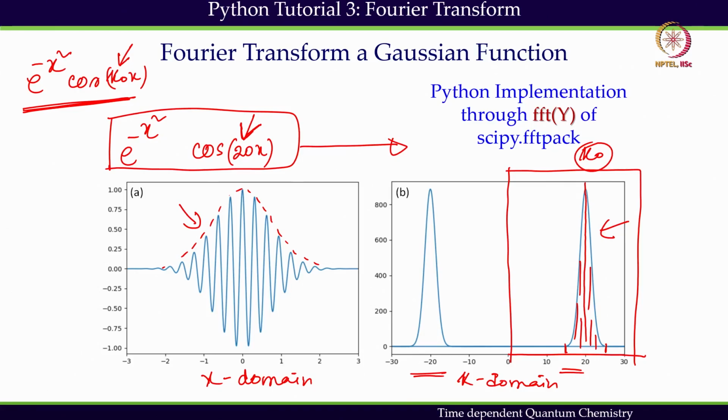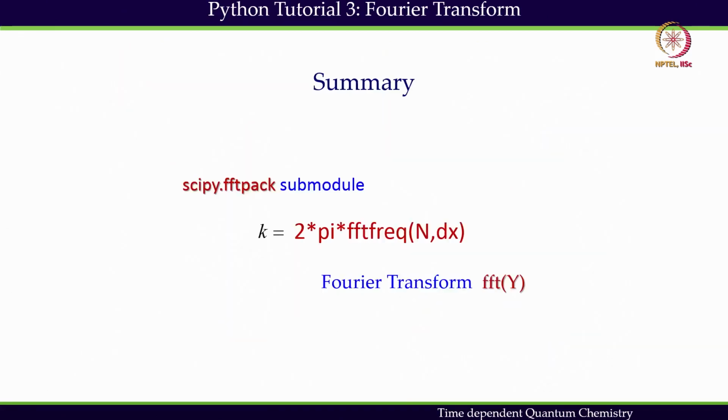So, with this we have come to the end of this Python tutorial. What we have learned from this tutorial is that there are two simple functionalities already given in the scipy.fftpack submodule. One functionality will help us construct the k grid.